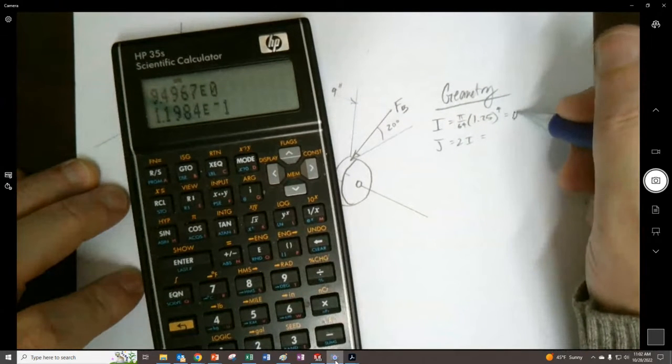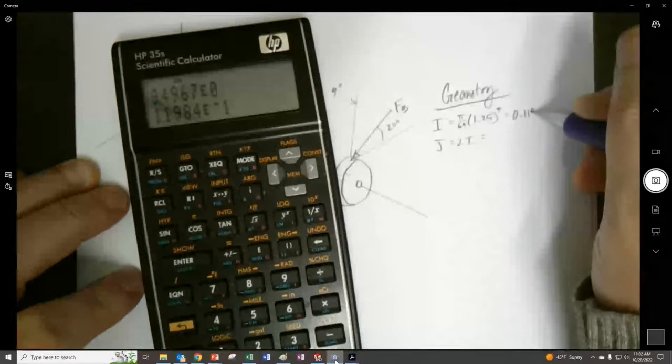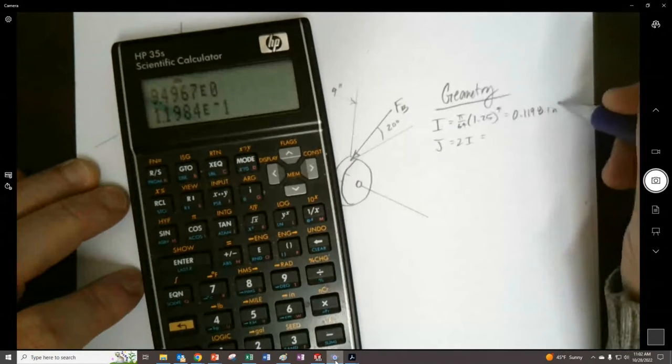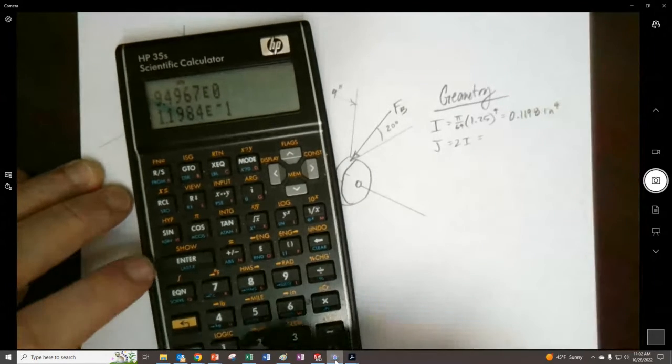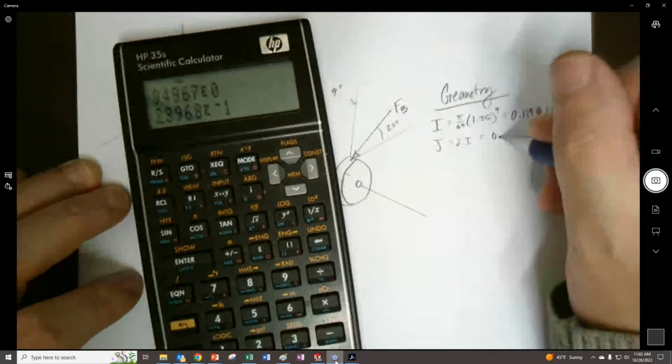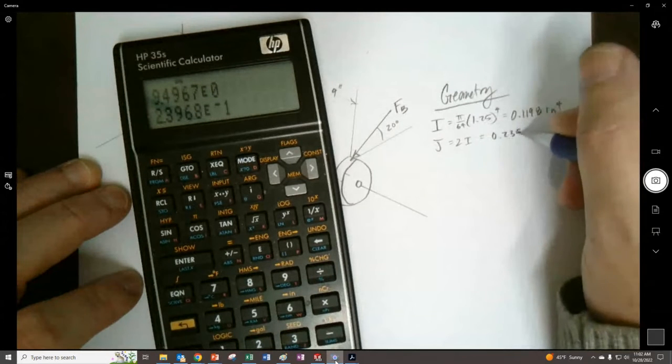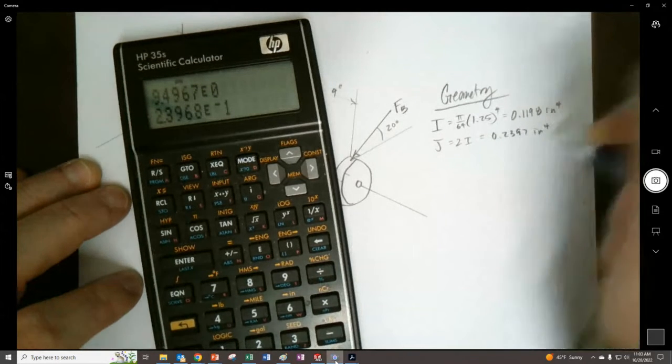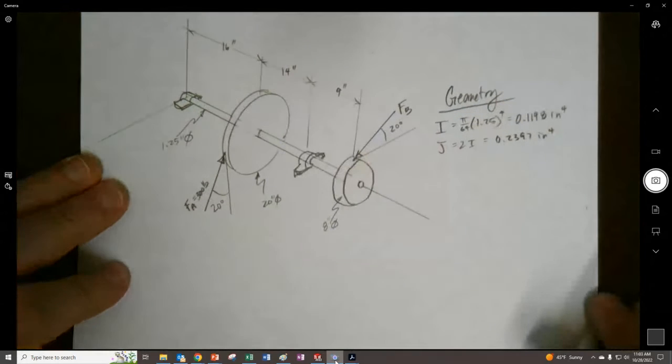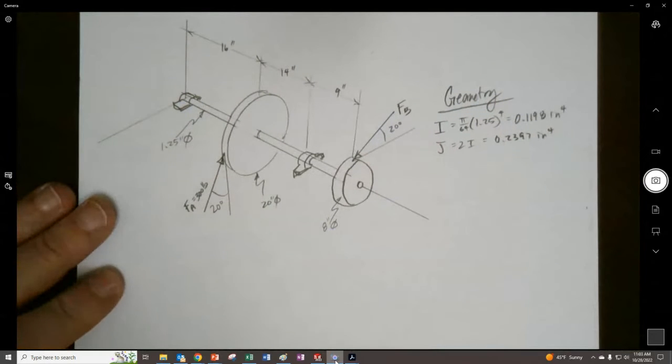I think that looks like it's probably the right answer. I think I've seen 1 1/4 before. And so 0.2397 inches to the fourth right there. Okay, we got the geometry out of the way.